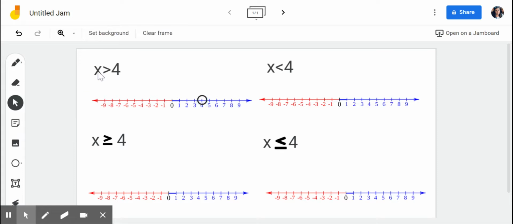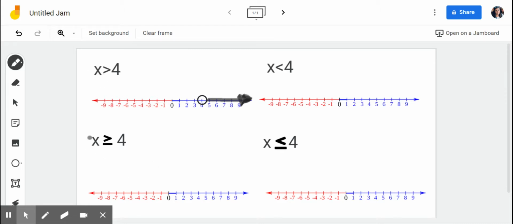And then we want every number that is greater than 4, so numbers that are greater than 4 are going to be to the right. Then we can draw our arrow to the right. It's all the numbers to the right of 4. That's supposed to be an arrow on the number line. So open circle to the right because it's all numbers greater than 4.